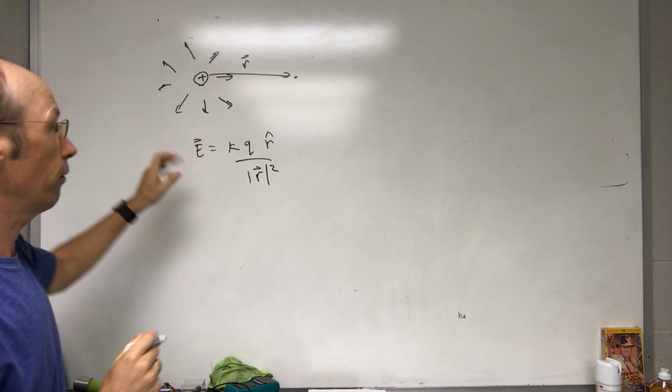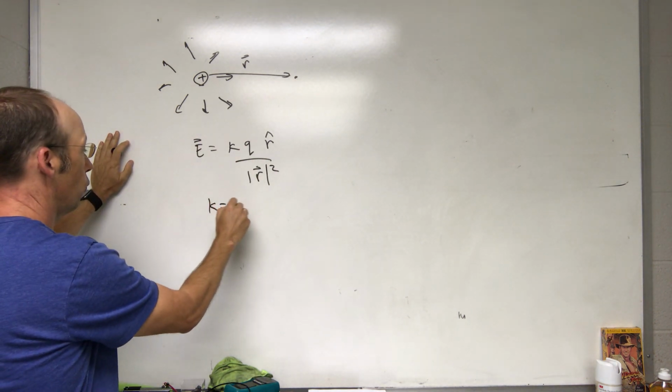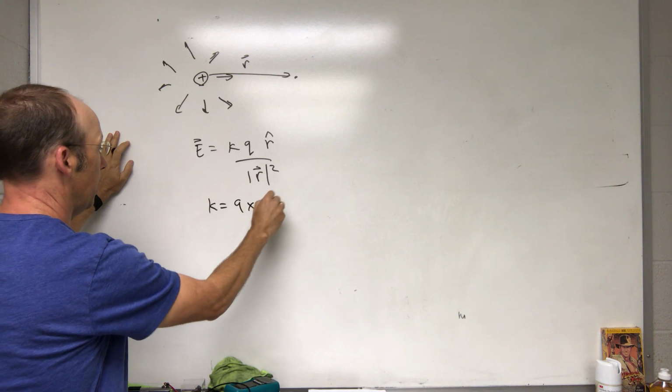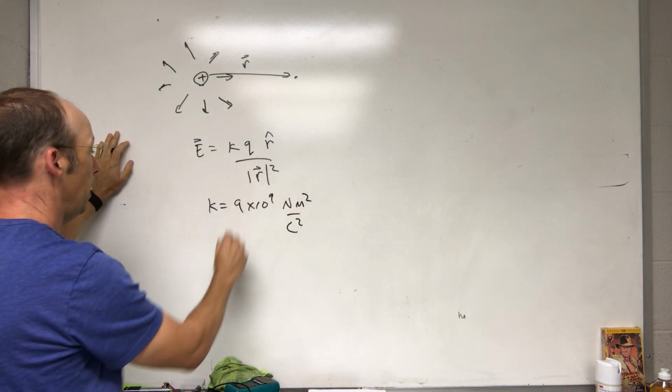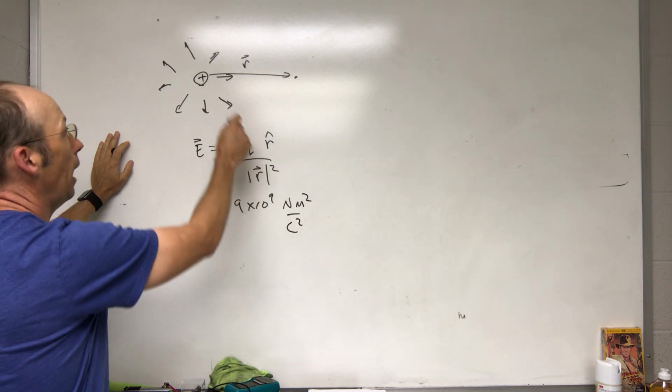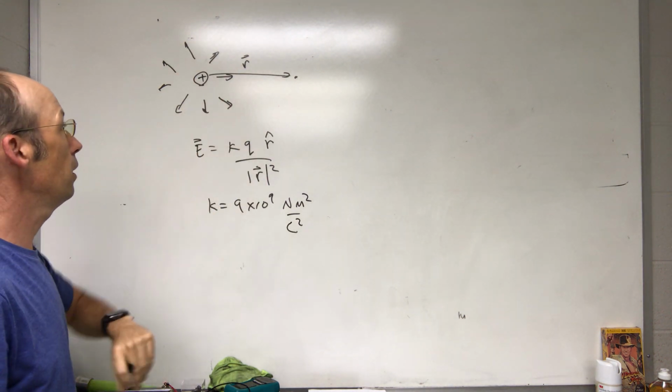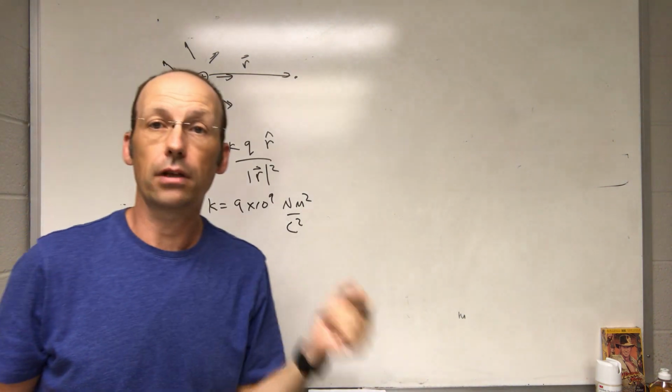K is the Coulomb constant, 9 times 10 to the 9th newton meters squared per coulomb squared, and R hat is just a unit vector that gives you the direction of the electric field.